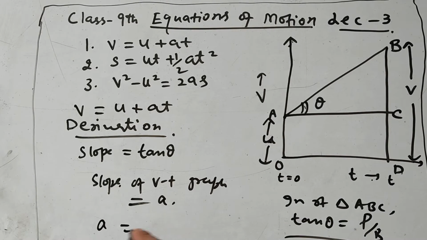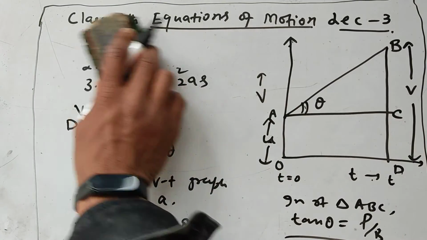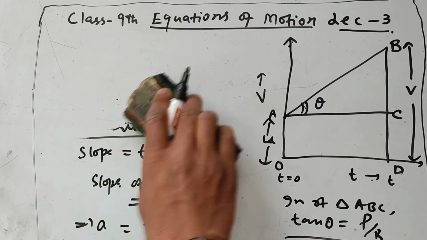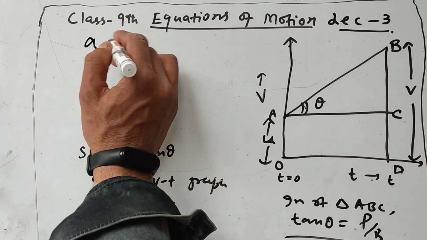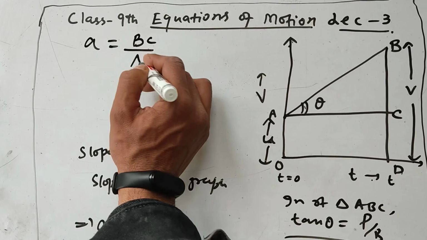So we can say a = tan theta. A = tan theta we got here, that is BC by AC.